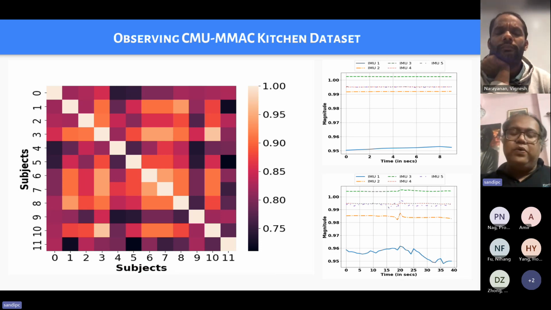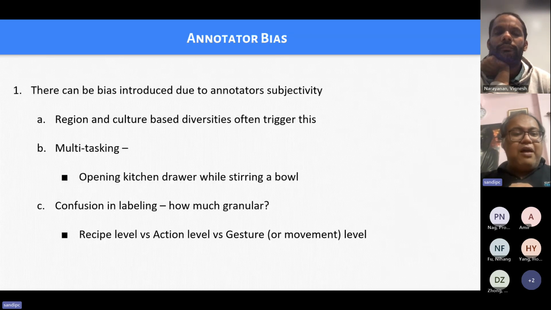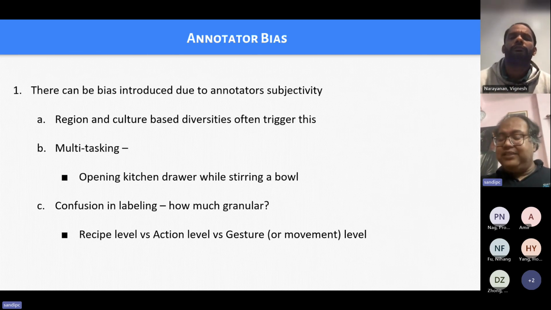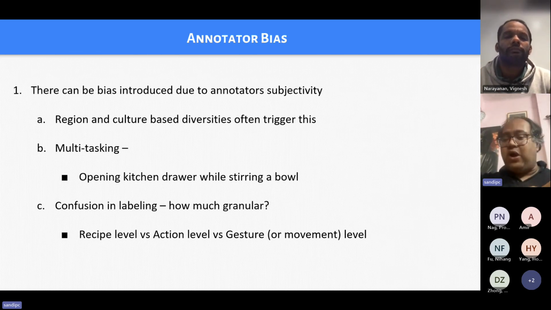I'm not going to explain this graph because of the timing constraint that we have. But what we broadly observed is that there is an annotation bias that always comes in while developing the label space. Whenever I have a certain problem that I try to solve, for which I collect data using my sensing modality and at the same time prepare a label space, we do not look into whether the annotator can correctly do the labeling or not.